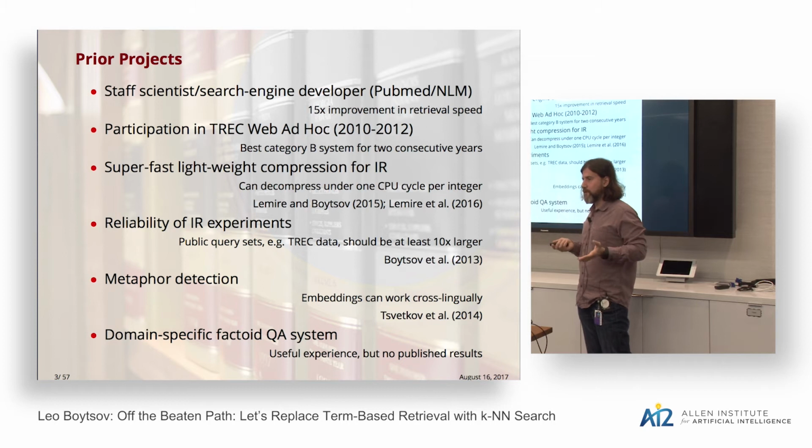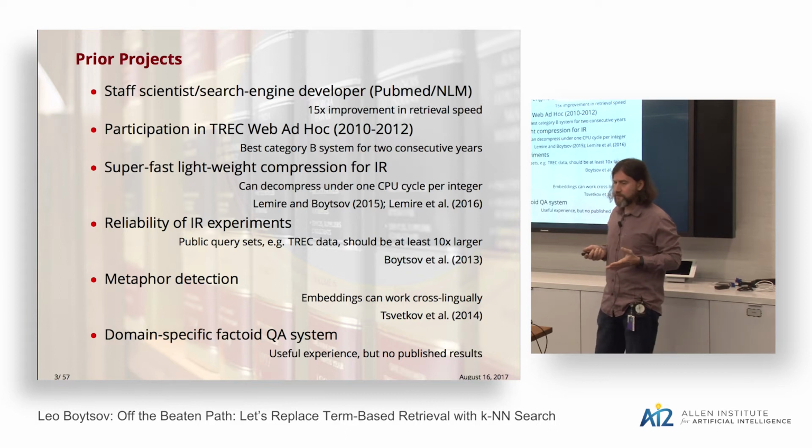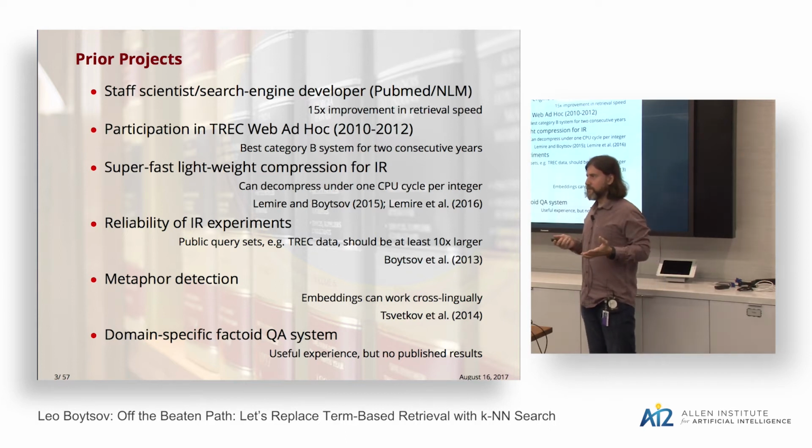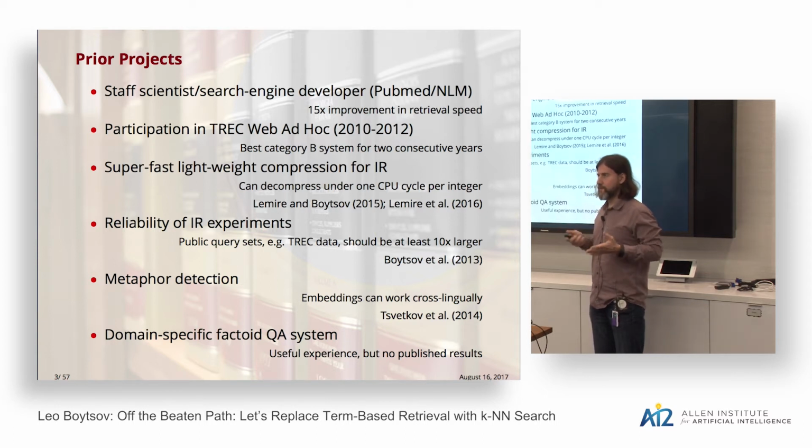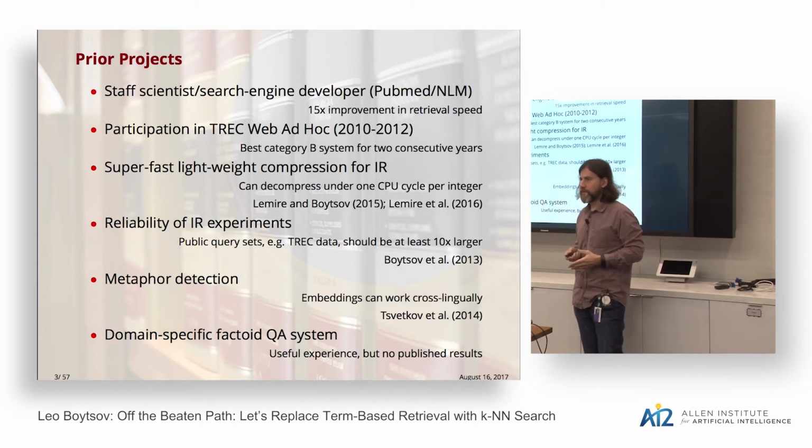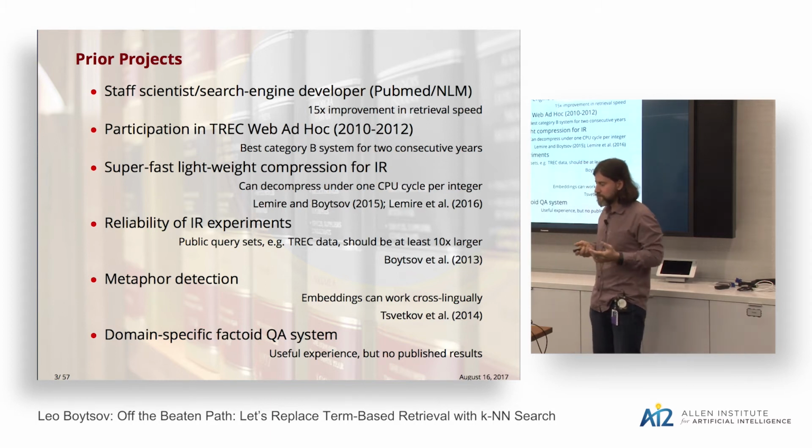Before joining CMU, I was a staff scientist at the National Library of Medicine, where I worked on the search engine PubMed. In particular, I designed, prototyped, and helped develop a production version of an updated version of the rank retrieval algorithm, which delivered a 15x improvement in efficiency without any loss in accuracy.